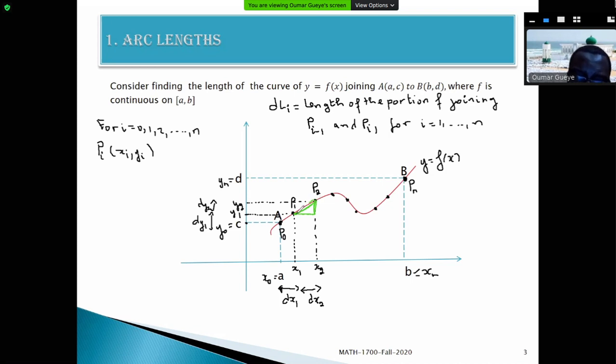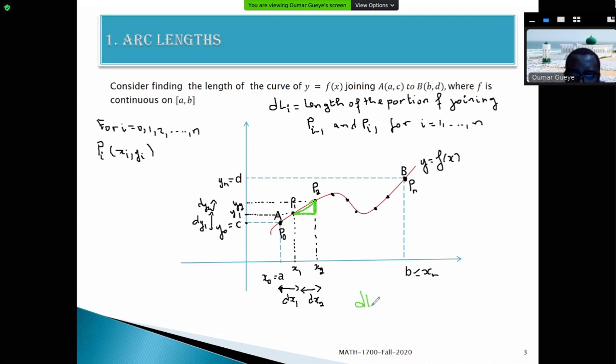That's why we're going to take the hypotenuse as an approximation of the portion of the curve joining p1 and p2. To calculate the hypotenuse, I have to use the theorem. You know the opposite side here, which I call dy2, and the adjacent side is what I call dx2.